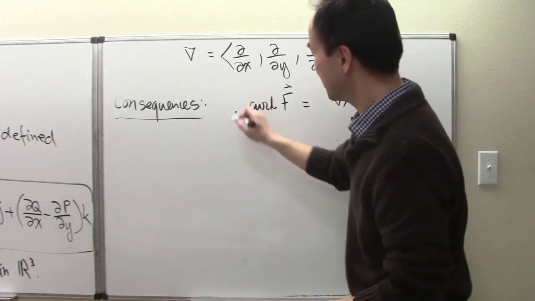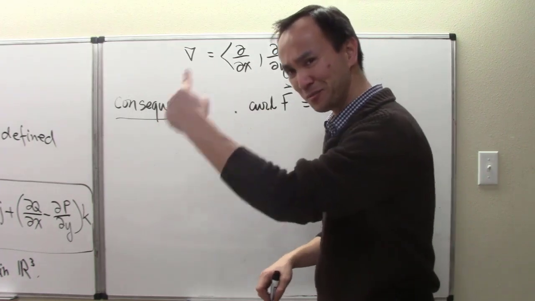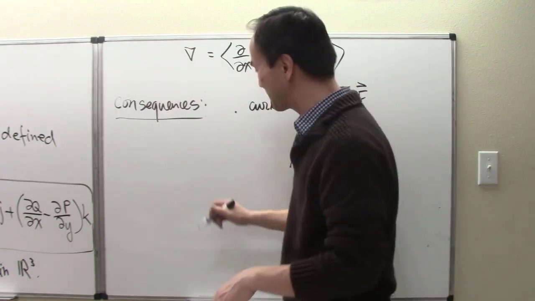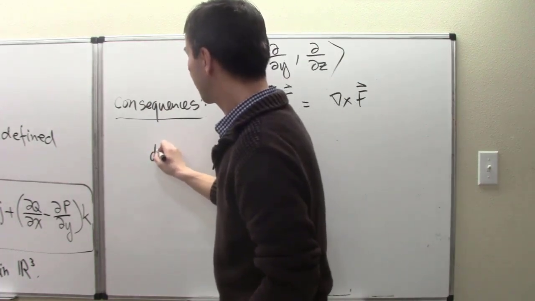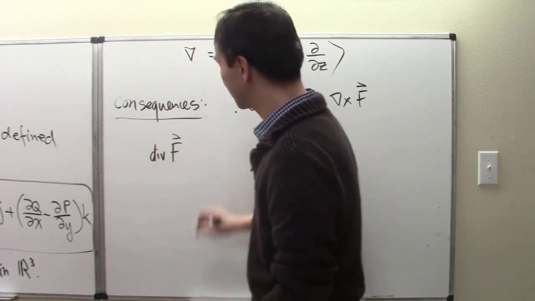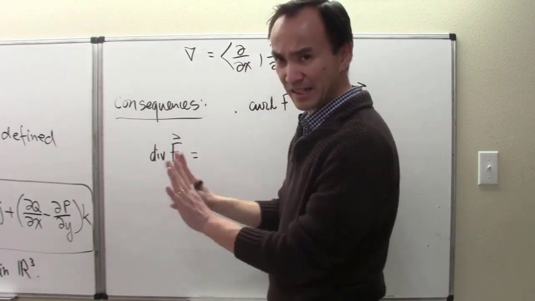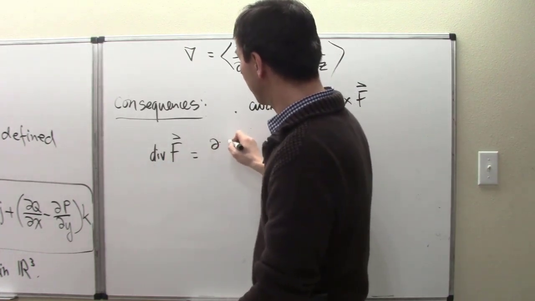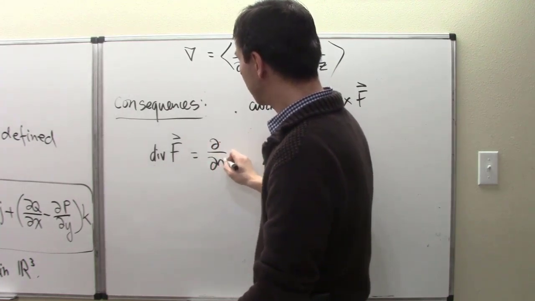That one's easy. What about the divergence? I thought we were done with divergence, but let's look back and investigate that one more time. Divergence of a vector field is the partial derivative with respect to x of the P component.